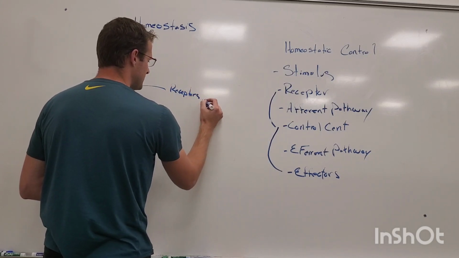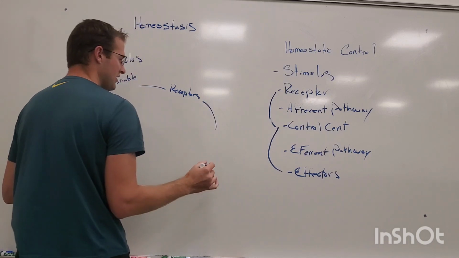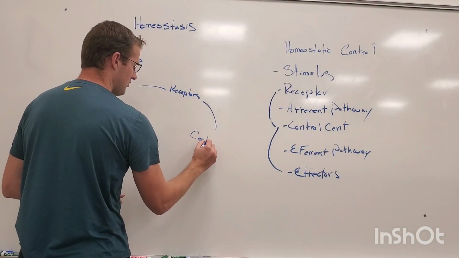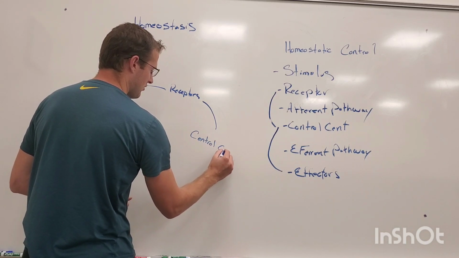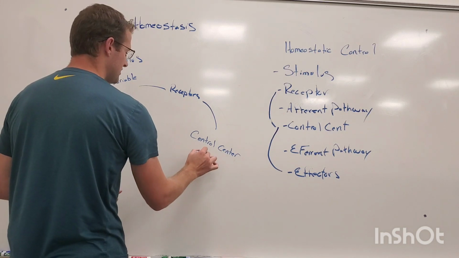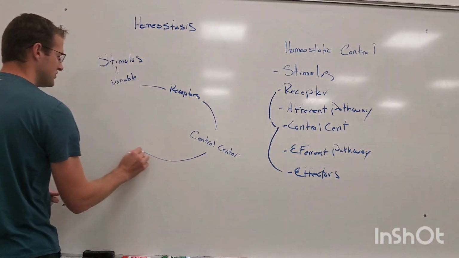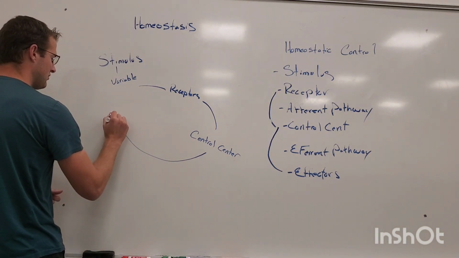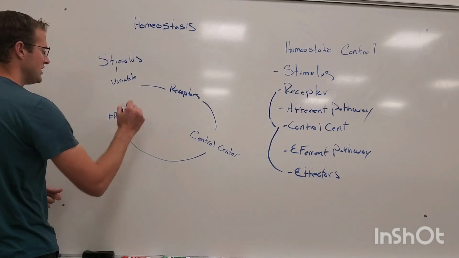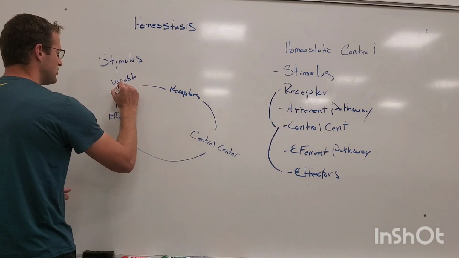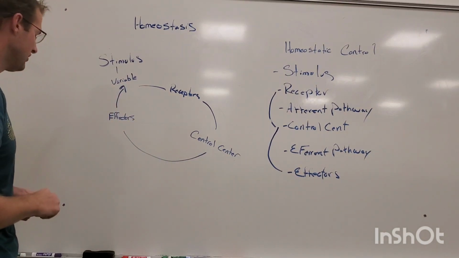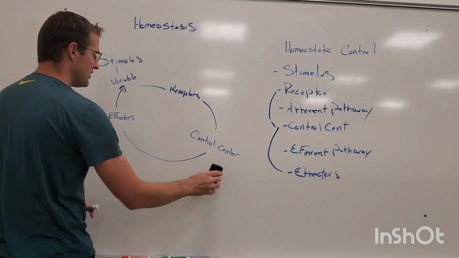And they send a message along the afferent pathway to the control center, which makes a decision to go out to the effectors, which are then going to try to bring this variable back into the normal range.